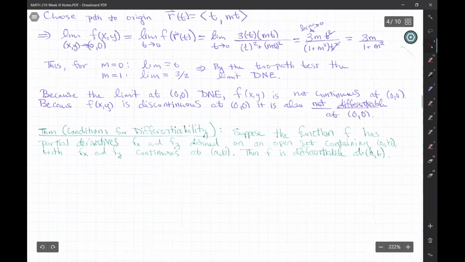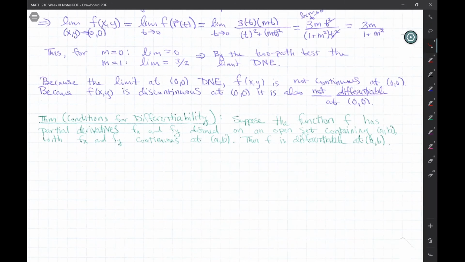So then how can we have sufficient conditions in order to show that a function is differentiable? Well, we have this theorem here that gives us the conditions of differentiability. Suppose the function f has partial derivatives, so these limits exist, defined on an open set containing (a,b), with fx, and here's the crucial part, these partial derivatives have to be continuous at (a,b).